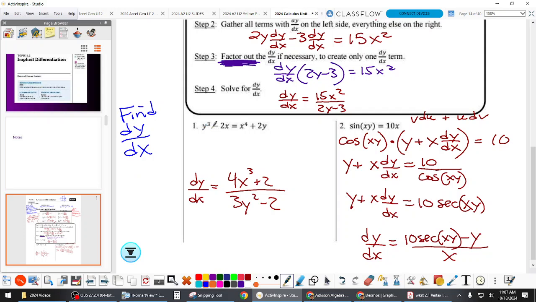Let's just do the first line of this if it was dx/dy. So it'd be 3y squared minus 2 dx/dy equals 4x cubed dx/dy plus 2. Okay, so it changes it, right? So that's why we wrote that note about really paying attention to what you're taking the derivative with respect to.